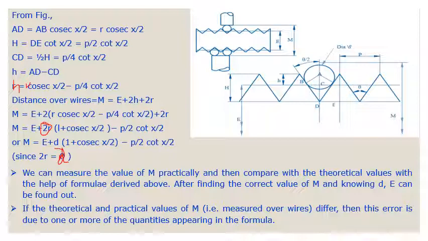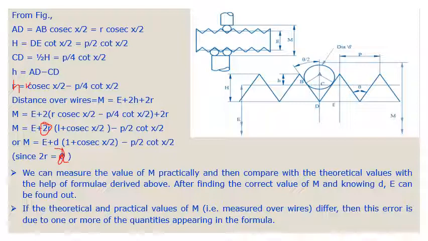If the theoretical and practical values of m differ, then this error is due to one or more of the quantities appearing in the formula, especially maybe where, during manufacturing, the thread angle is exactly 60 degrees. For example, let me consider metric threads in which we assume the thread angle is exactly 60 degrees, but obtaining exactly 60 degrees is difficult.